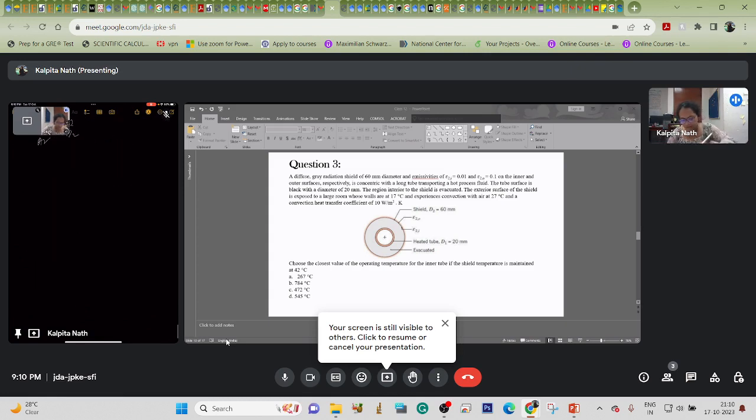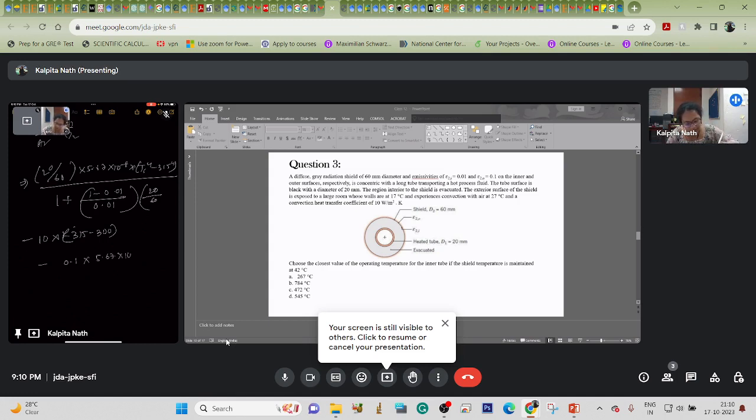You can solve it back at your home: 5.67 into 10 to the power minus 8 into (T1 to the power 4 minus 315 to the power 4) upon 1 plus (1 minus 0.01) upon 0.01 times 20 by 60, minus 10 into (315 minus 300), minus 0.1 into 5.67 into 10 to the power minus 8 into (315 to the power 4 minus 290 to the power 4) is equal to 0.